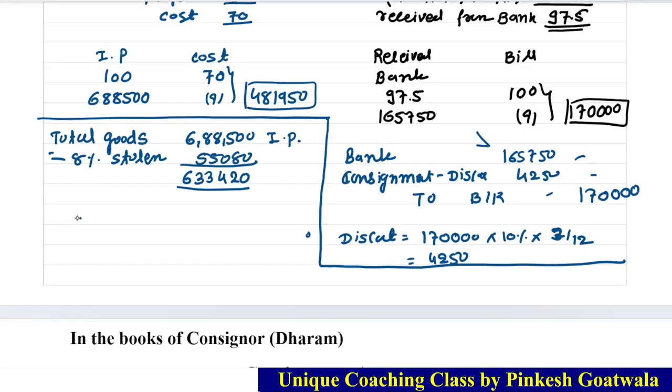So now let's find out the cash sell. So 633,420 છે, એના કેટલા goods સેલ કરે છે 30%. So it means he sold 190026.